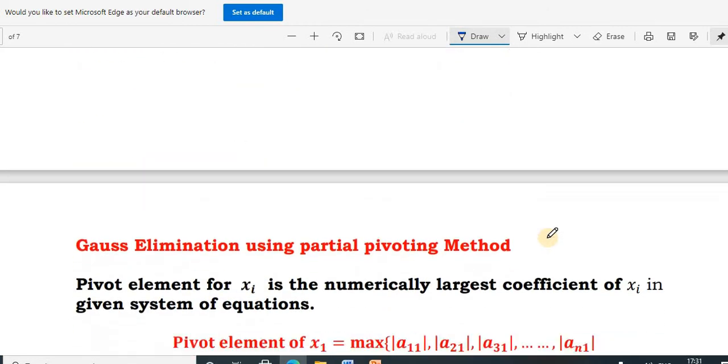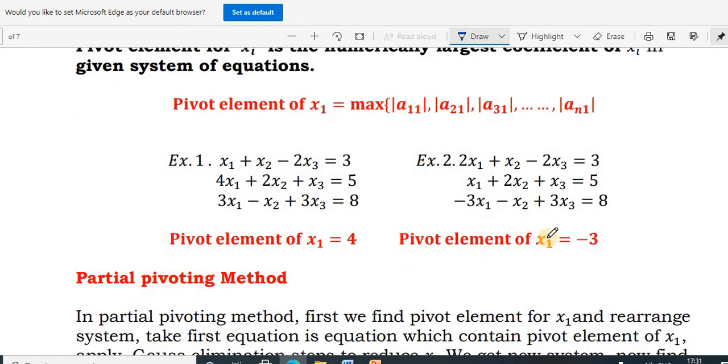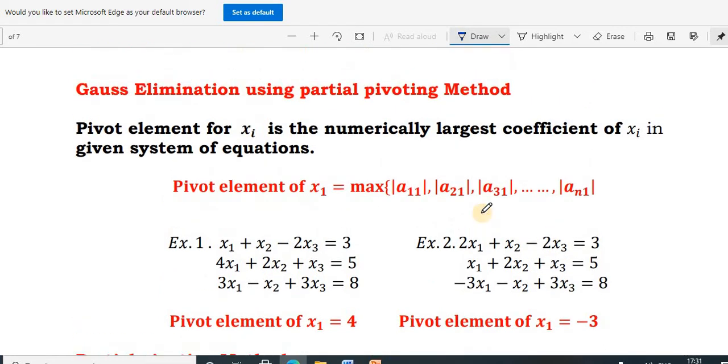Now we see the next, Gauss elimination using partial pivoting. So what is Gauss elimination using partial pivoting? First we see what a pivot element for xi means. If a system of equations is given, then the pivot element for xi is the numerically largest coefficient of xi. Numerically means we consider the magnitude, without the plus or minus sign.